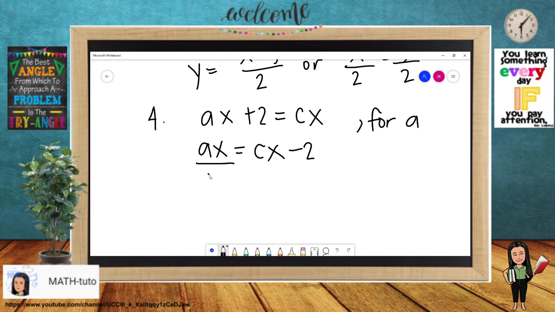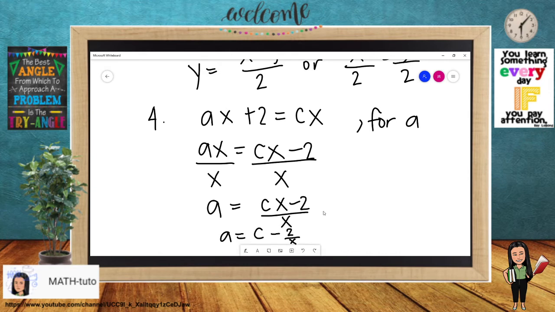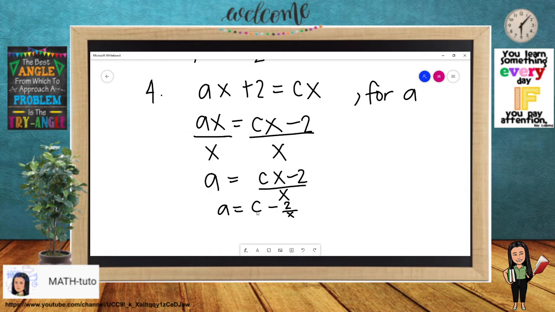We divide both sides by x because we are solving for a. A is cx minus 2 all over x, or we can simplify that further. That is c minus 2 all over x. So this is our answer.